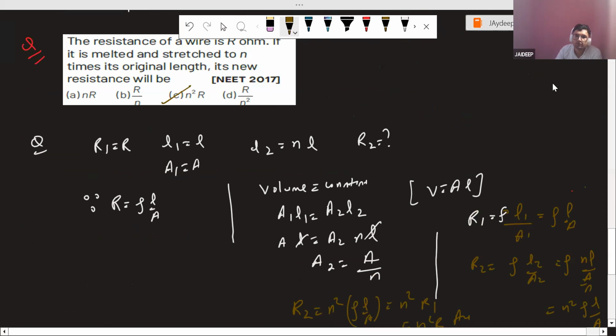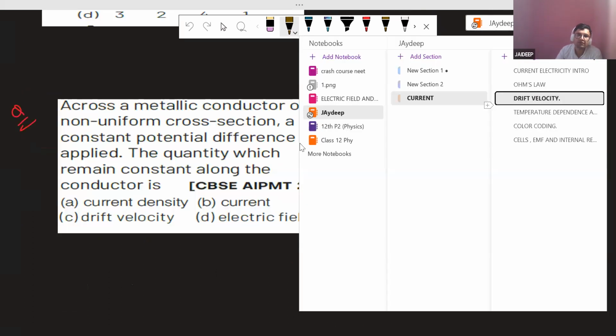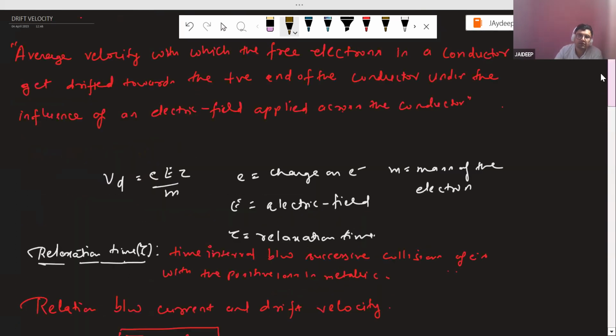Now, drift velocity. Alan, what is drift velocity? So it's the number of free electrons.